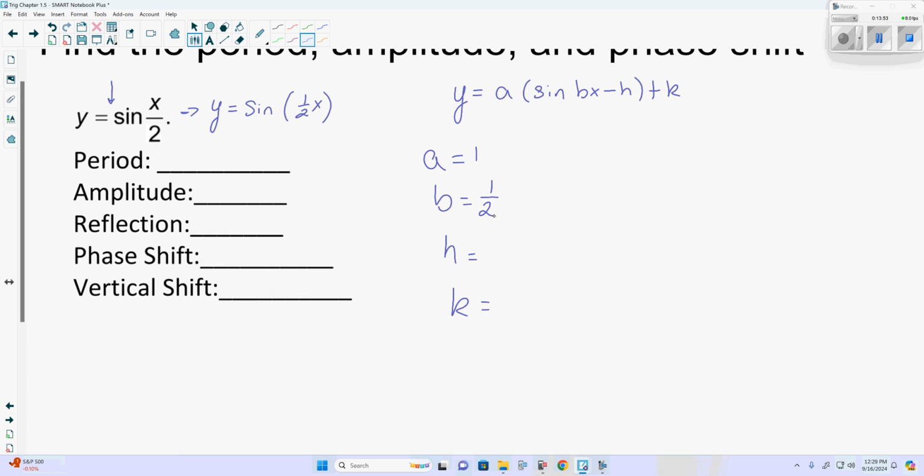H is the number being added or subtracted from the X inside the parentheses. Is there one? No, so H is 0. K is being added to the outside, which is also 0. Questions on how we found these here?